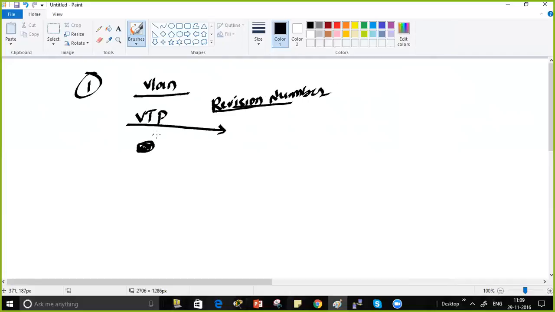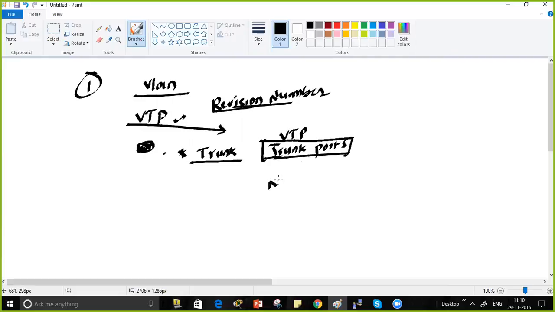And here, if you have not configured the VTP domain or VTP name, first you have to configure trunk ports, because these VTP frames are sent through trunk ports only. You know the native VLAN, right?